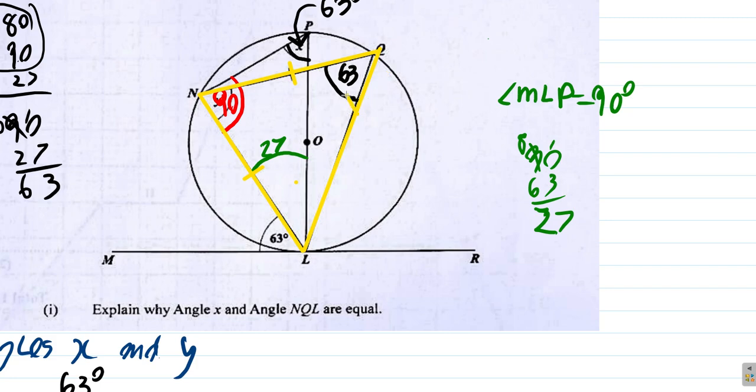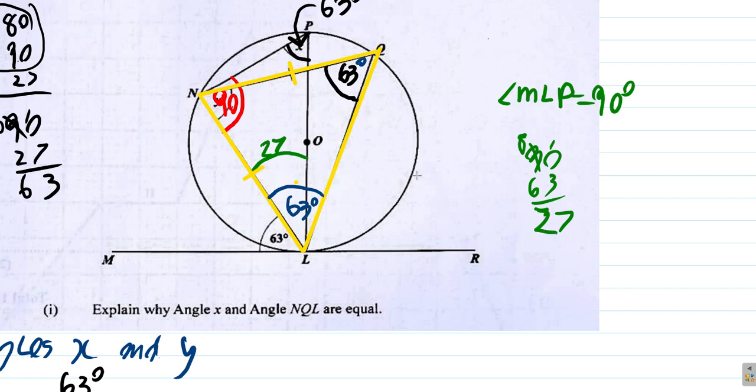So therefore this angle here and this angle here must be the same size. So it means that this angle must also be 63 degrees. Alright? Both of them are 63.